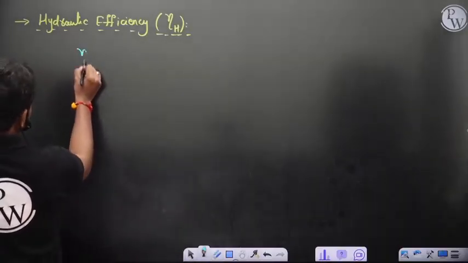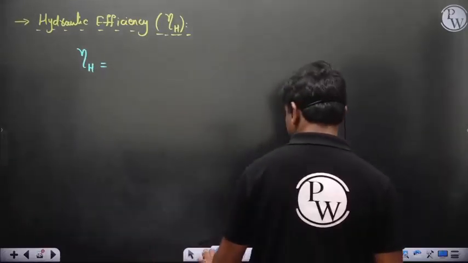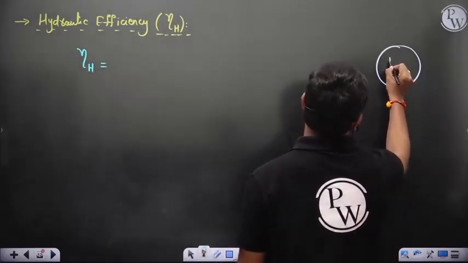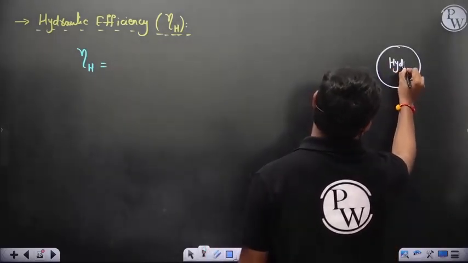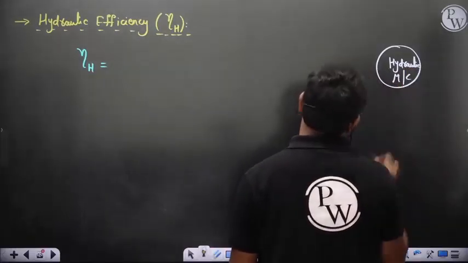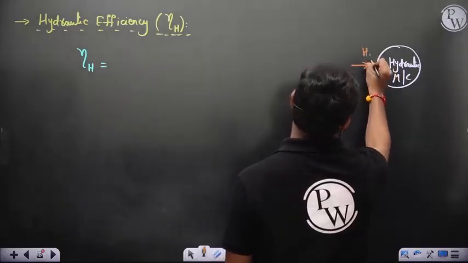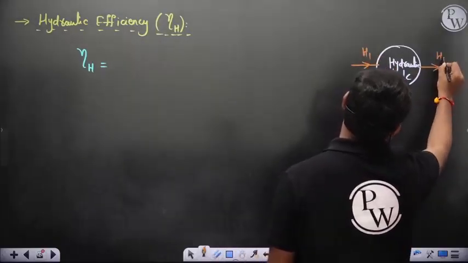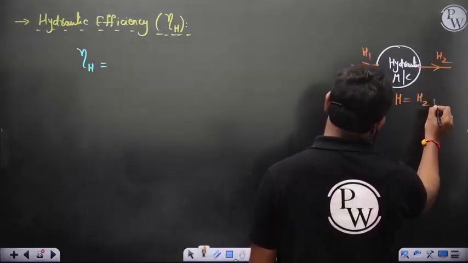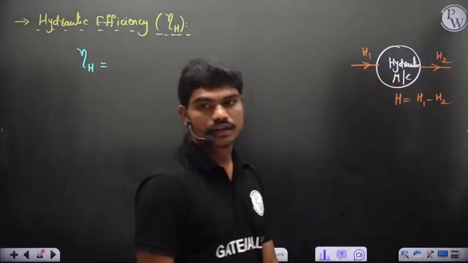So what is hydraulic efficiency? Look, if you have a hydraulic machine or turbo machine, let's say it's a hydraulic machine for the time being. Only the fluid changes. The name hydraulic comes from the fluid being water, that's all. So you have some energy H1, you have some energy H2. So let's say this H is H1 minus H2, for example, for the time being.